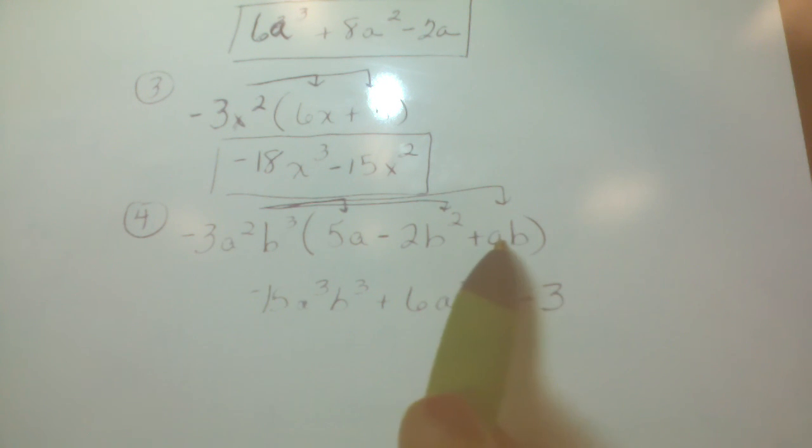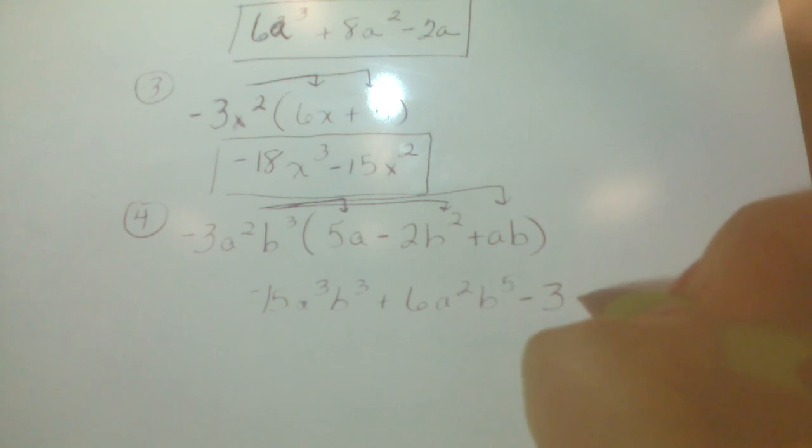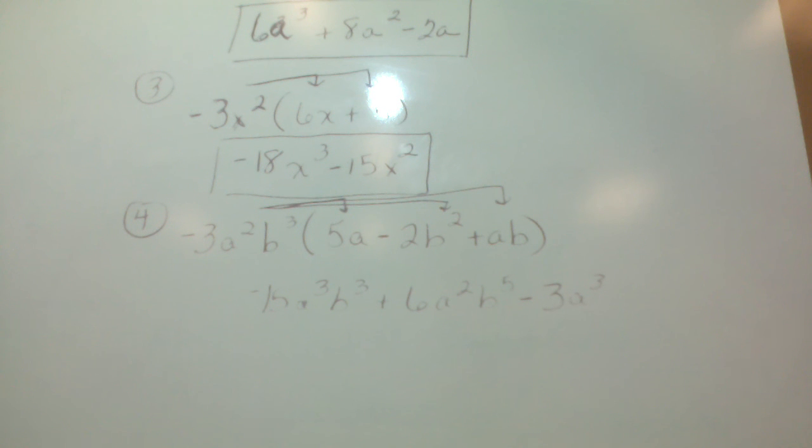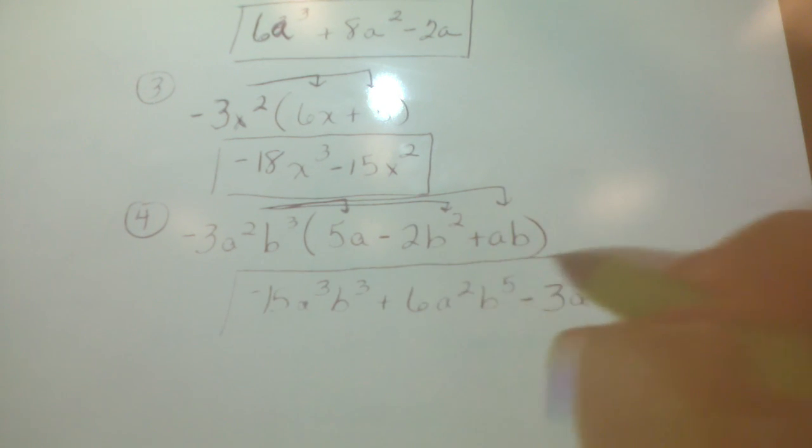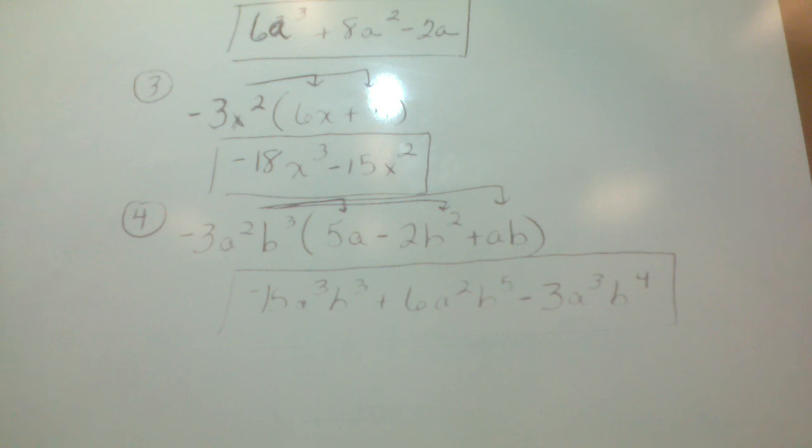I've got 2 a's here, 1 a here, 2 plus 1, that's giving us 3. And then I've got 3 b's here, 1 b here, that's giving us b to the 4th. So negative 15a cubed b cubed plus 6a squared b to the 5th minus 3a cubed b to the 4th.